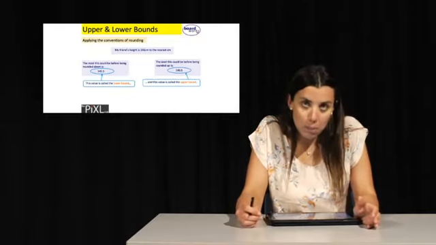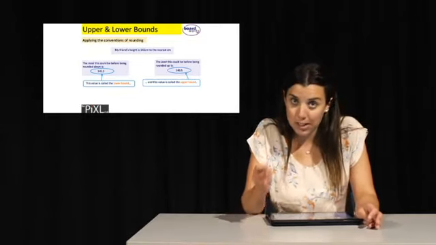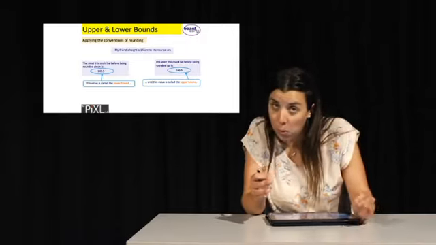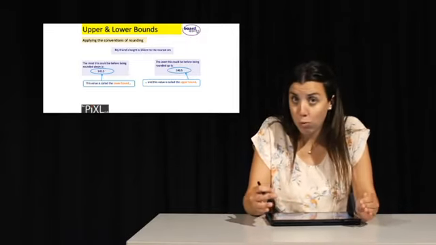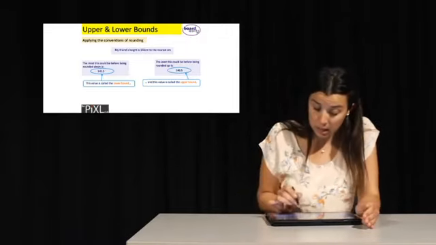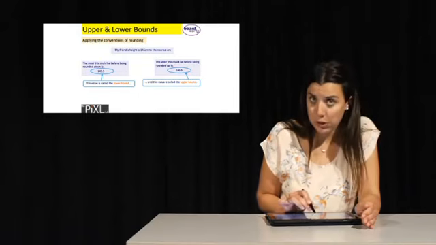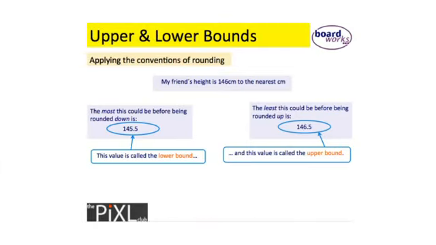She might not actually be 146 centimetres exactly, maybe a little bit more, maybe a little bit less, but when you round it to the nearest centimetre, it is 146. So the most this could be before it was rounded down to 145 centimetres is 145.5. That's the lowest it could be. If she was that height, she would round up to 146.